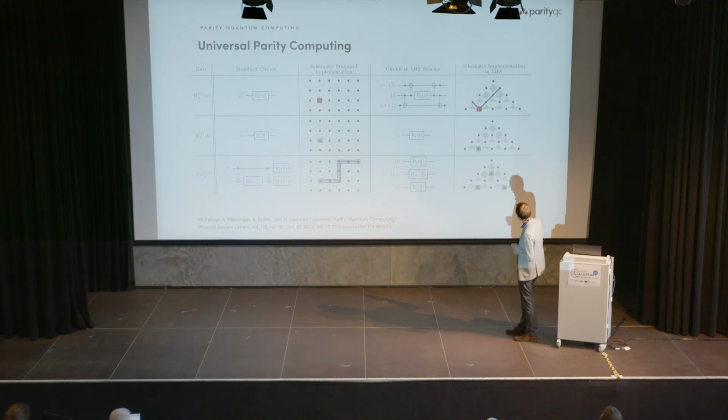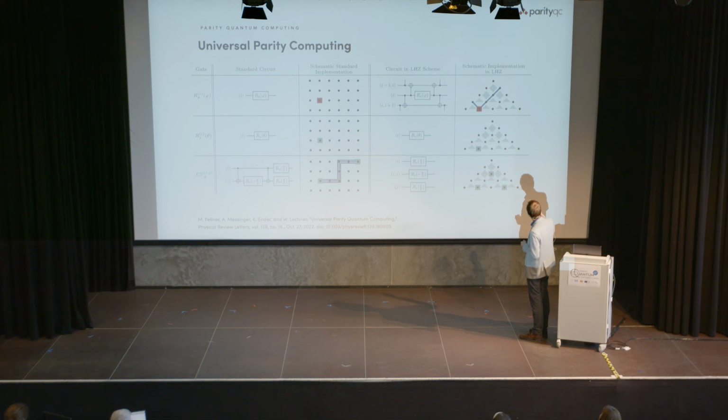So these lines that you see here, these will be CNOT gates that I have to act on a full line in the system. And this will be index 1, for example. If I want to flip index 2, I would have to do it on this line. 3 would be on this line, and 4 on this line, and so on. So we call this the hockey sticks. So single qubit operations become more expensive. Single qubit Z operations are again as simple as before, because we looked at the parity in the Z direction.